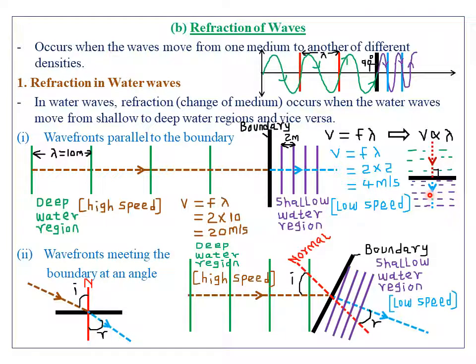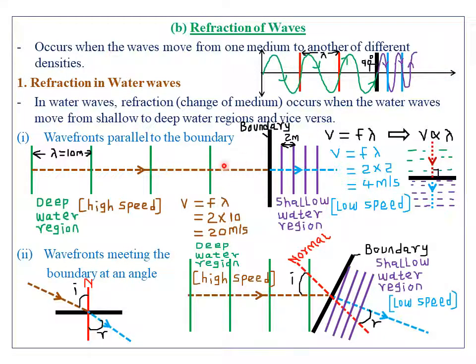It is actually the same thing that is happening here. You can see the direction of our wave motion is actually perpendicular to our boundary. The angle between our boundary and the line representing the direction of wave motion is 90 degrees. So in short, this direction of wave motion is parallel to the normal.